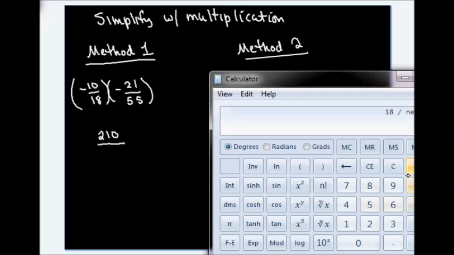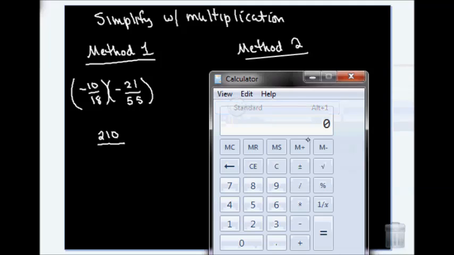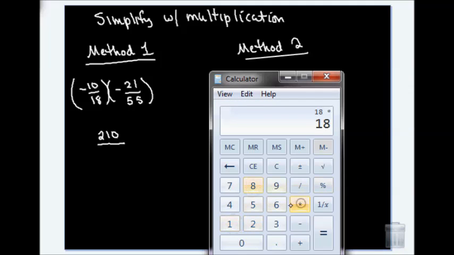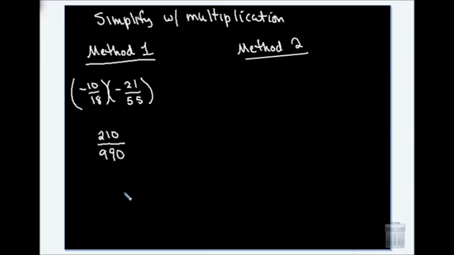Oh, wow. I can't even see what I'm doing. Okay, and then I have to reduce. Well, they'll both reduce with the zeros, right? So it gives me 21 over 99, which will both reduce by 3. So I'll get 7 over 33.